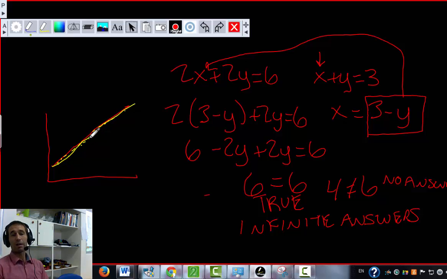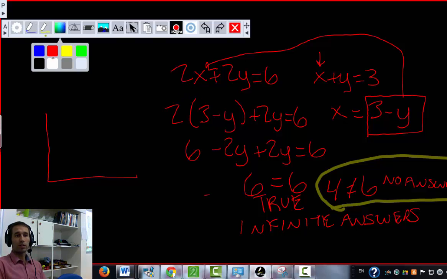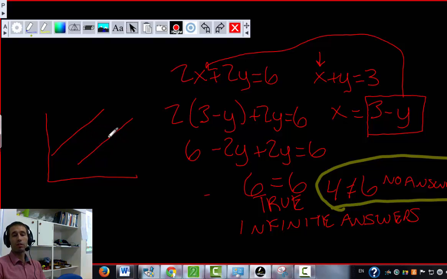Obviously, I can't draw a line right on top of the other line very well, but you get the point. To get no answers, we're going to end up with two lines that are parallel. They're never going to intersect. So we're going to have no answer for this equation.